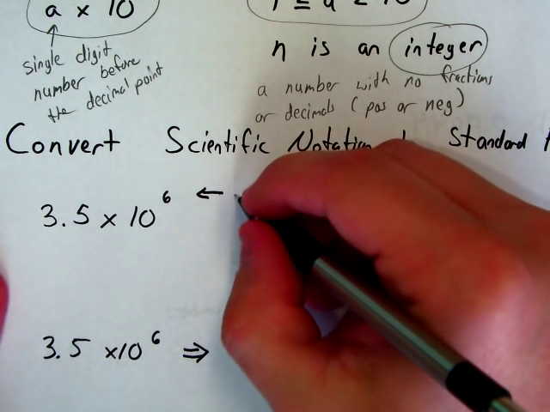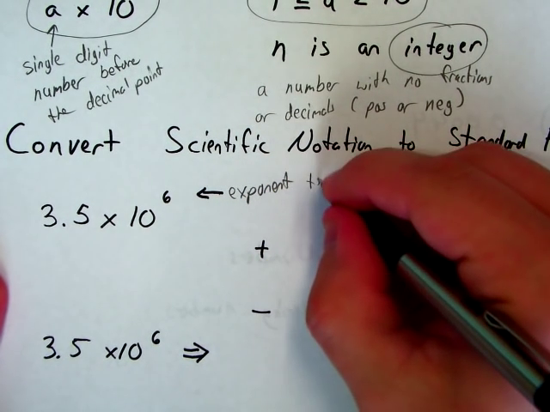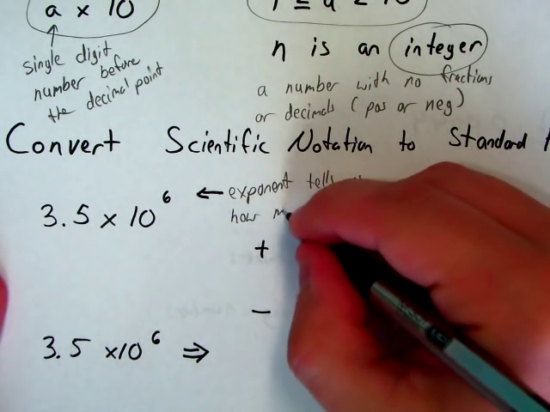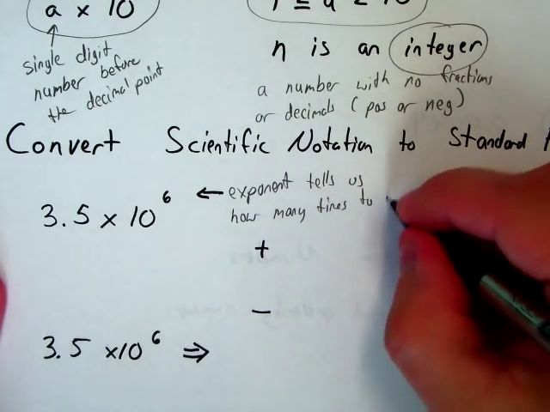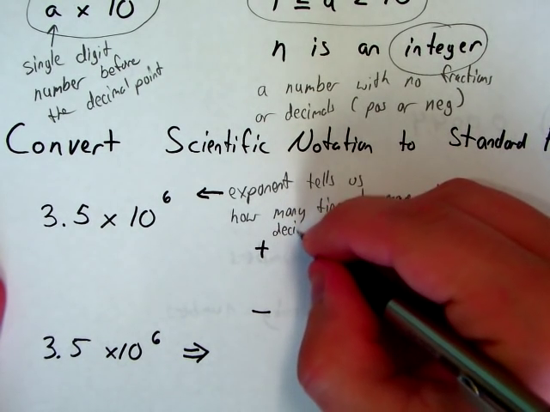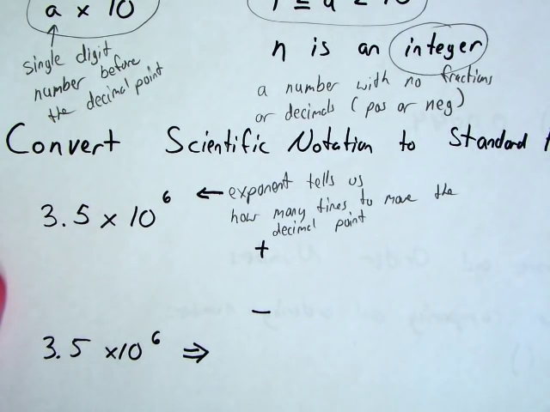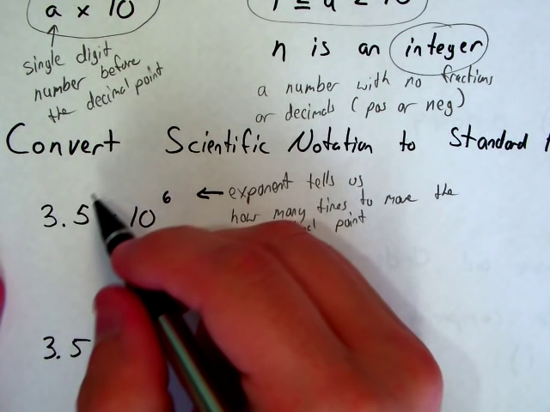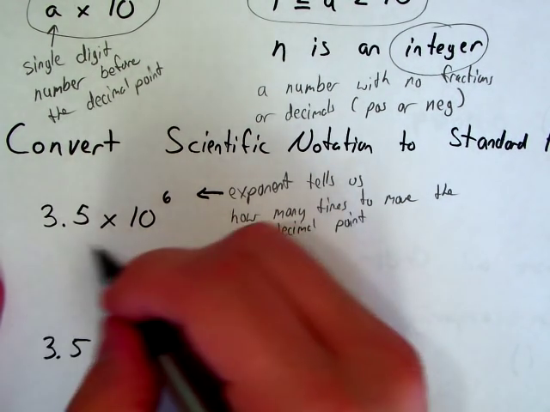So this exponent tells us how many times to move the decimal point. Because right now, this number is going to be pretty big, and scientific notation allows us to write a big number in a smaller fashion.